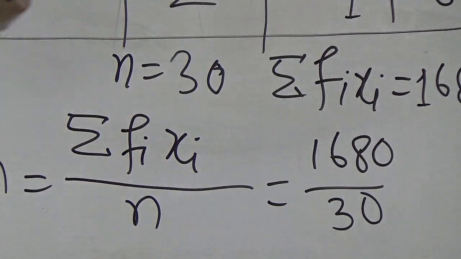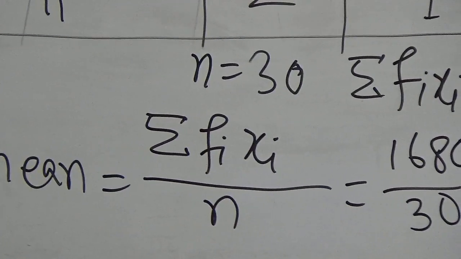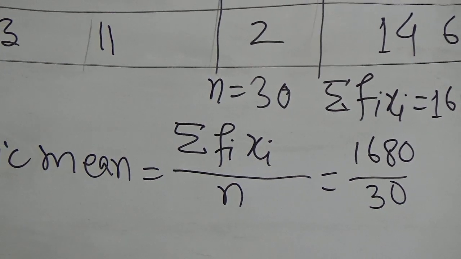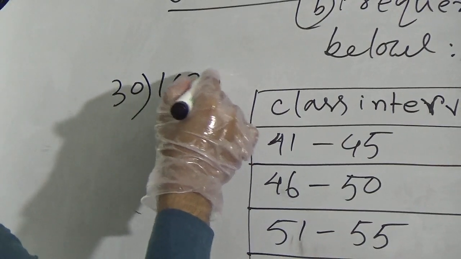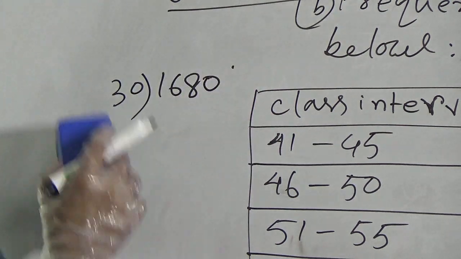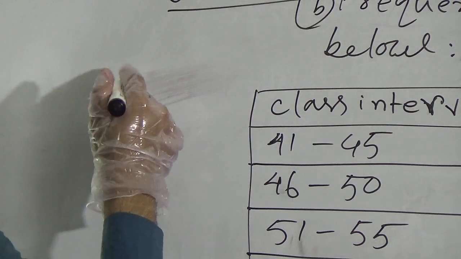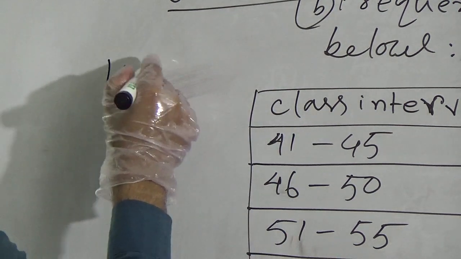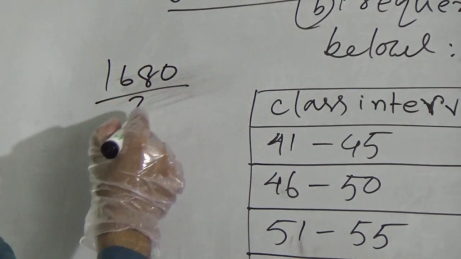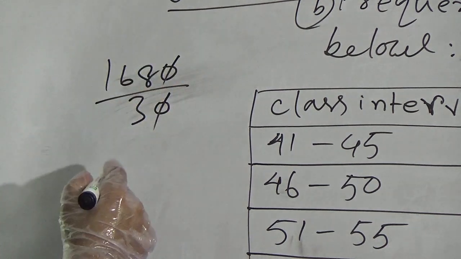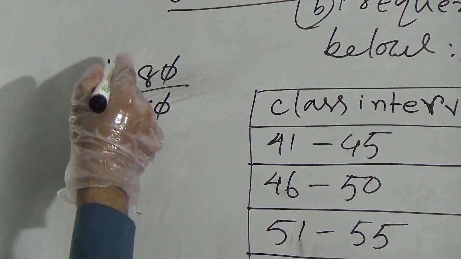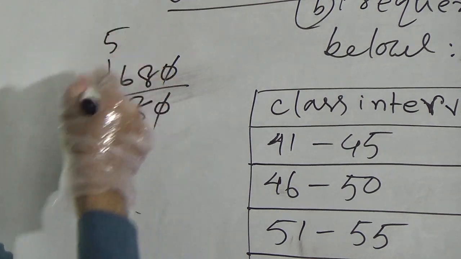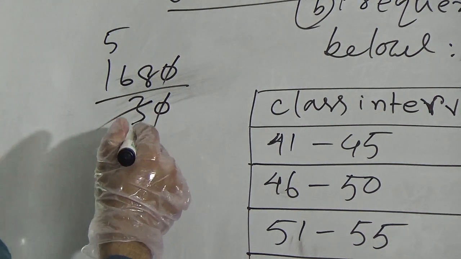Now I will show the division here. We can simplify this, 1680 divided by 30, we can cut 0. Now we can divide this by 3. 3 5s are 15, 1 left, 18.